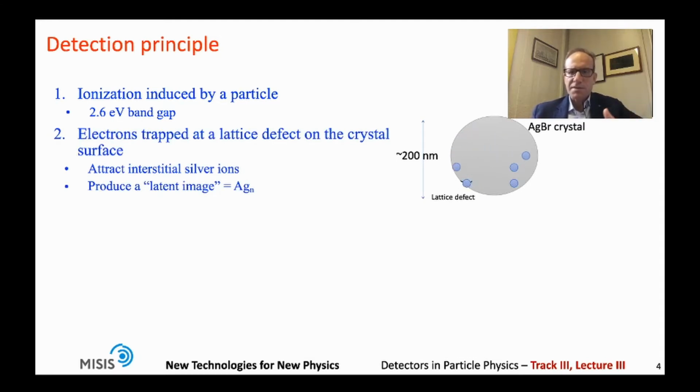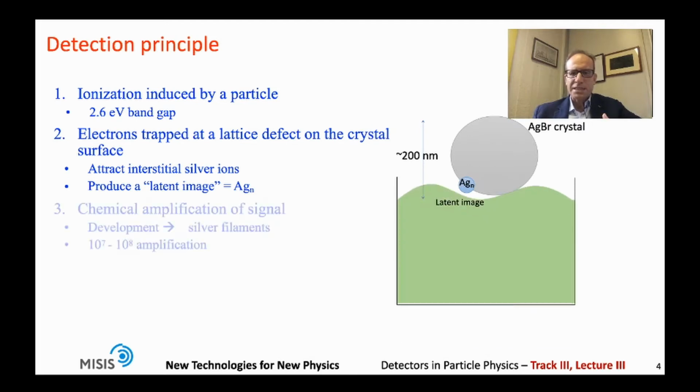These lattice defects act as electron traps, so they attract the electrons from the electron holes which are created, and these electron traps in turn attract the silver ions, which become silver atoms, and then aggregates of silver atoms produce the so-called latent image.